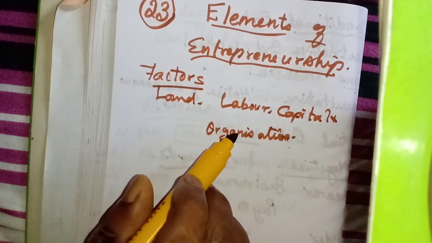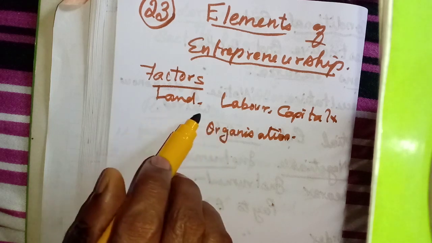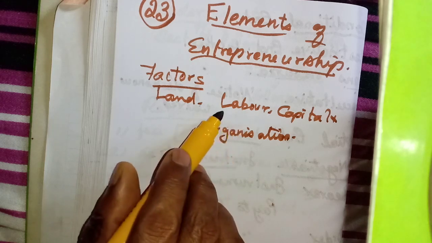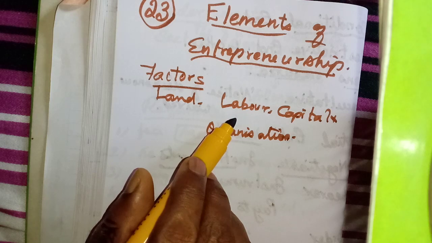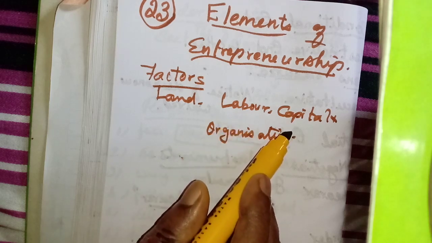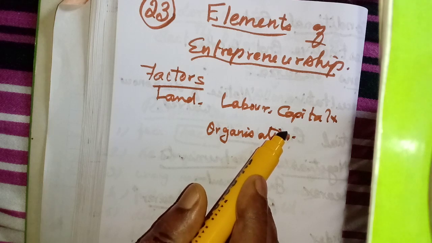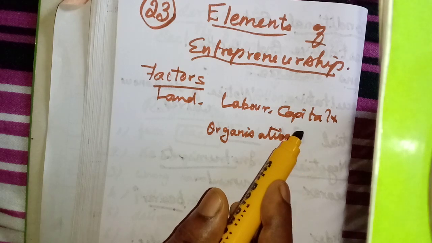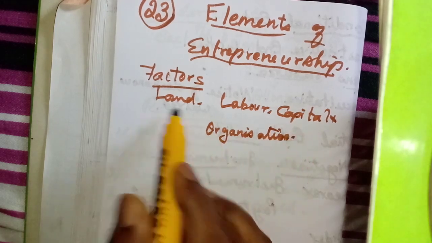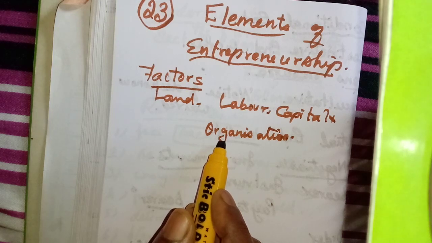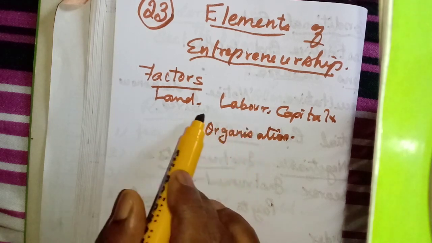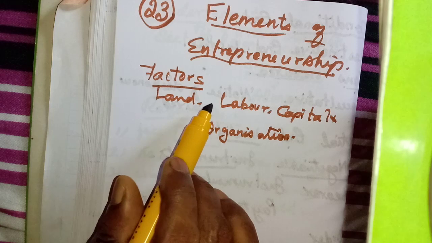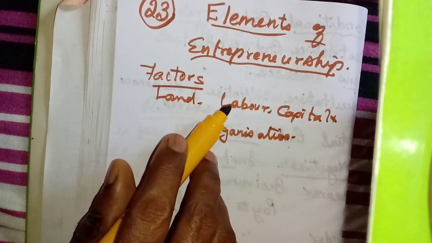If he needs to start a business unit, first of all he should purchase the land, and the workers who are needed to work in his organization, he has to find out, or he has to recruit and select. Then the capital needed to start a business, the money, the investment, he needs to search for. He has to invest. That person is called the organizer. We can say the entrepreneur is one who organizes all these factors of production together, and he himself starts an organization.